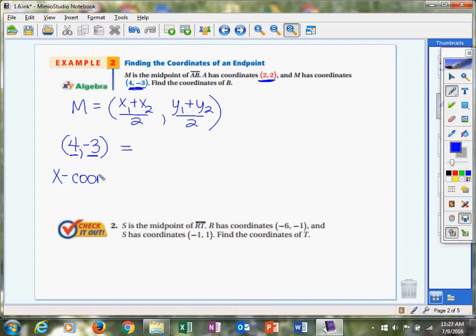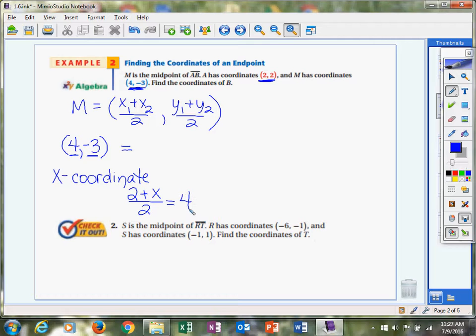Normally, if we had both endpoints, we would take the x from point A plus the x from point B, and I don't know the x of point B, that's what they're asking me to find. Divide that by 2, and that gives me the midpoint, which they gave me.